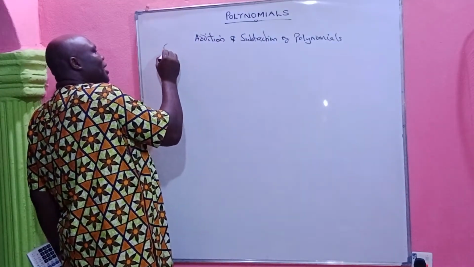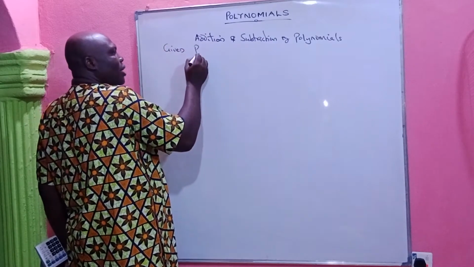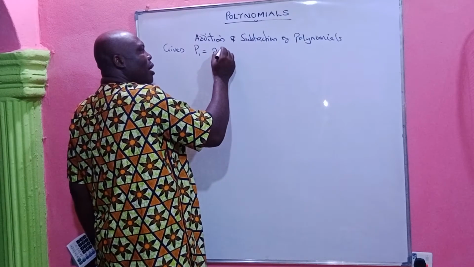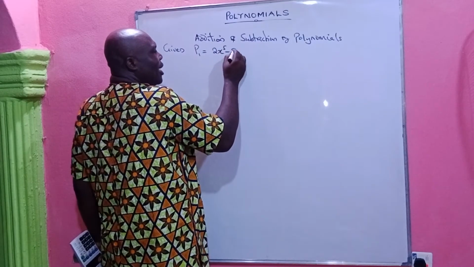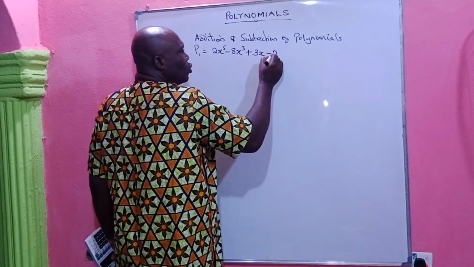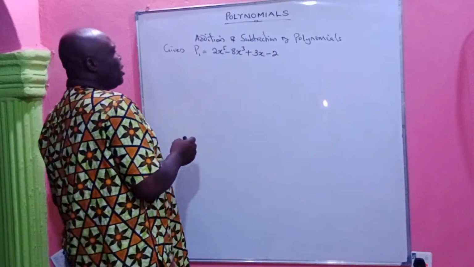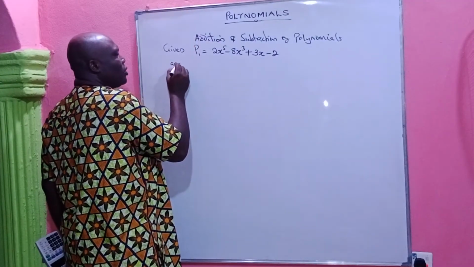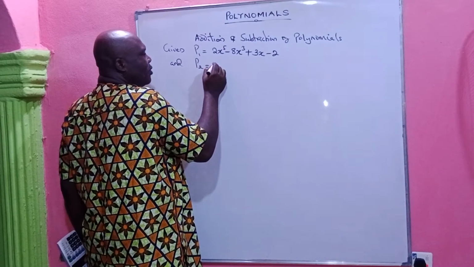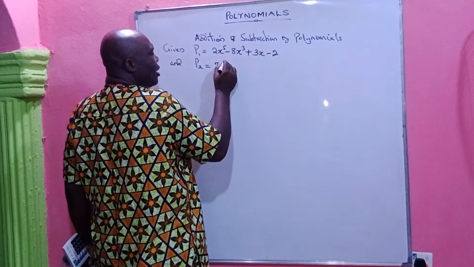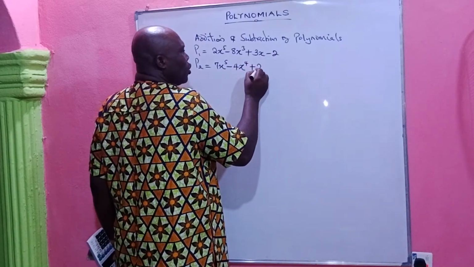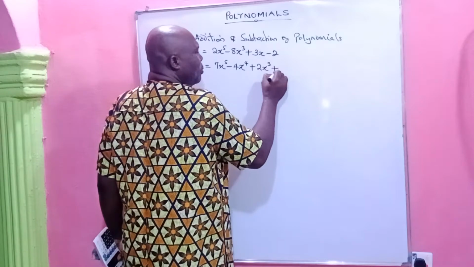Alright, so for instance, given the polynomial P1 to be 2x raised to power 5 minus 8x cubed plus 3x minus 2. And then we have P2 to be, let's say, 7x raised to power 5 minus 4x raised to power 4 plus 2x raised to power 3 plus 10.